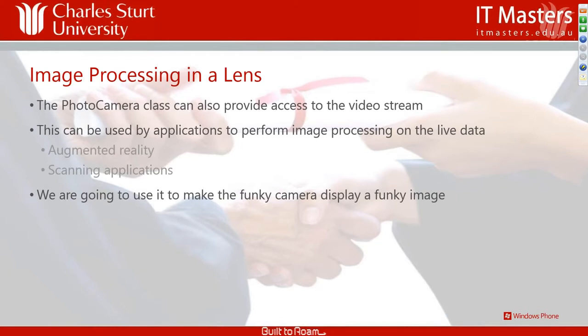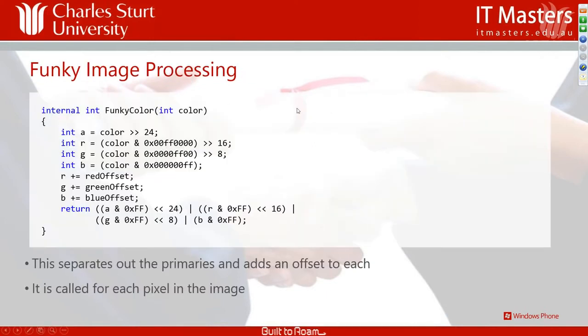It's particularly good for augmented reality or scanning applications, but increasingly we're seeing it for applications that just want to apply an effect to a particular image or to the video stream prior to it being displayed on the screen. So here we're going to do some funky image processing, using a little bit of bit shifting logic, and bear in mind that this is going to be called for each pixel in the image.